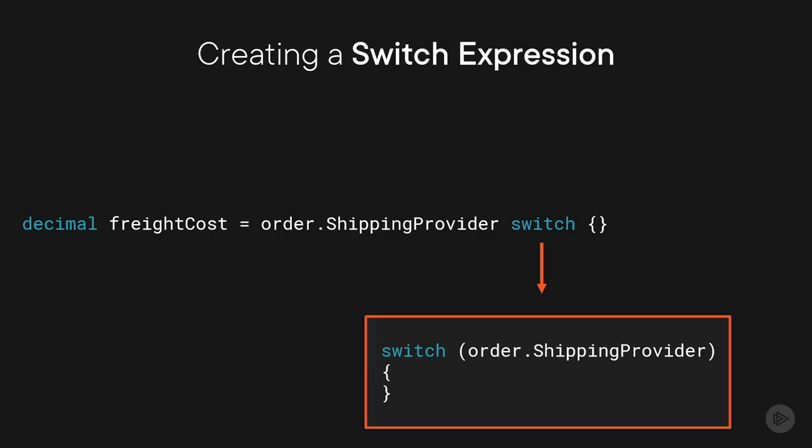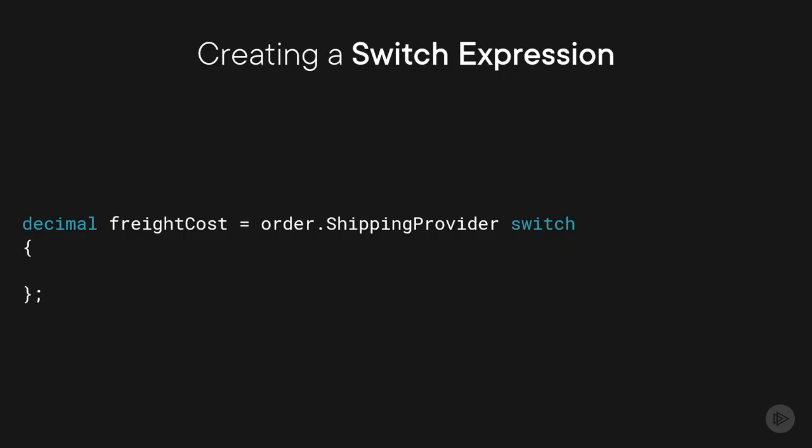With a normal switch statement, this is what you'd use in the parentheses after the switch keyword. So really, they're just flipped around. This way of writing the code makes it more fluent to read, as you clearly state that the result will be based on the object, and then we have the different patterns.